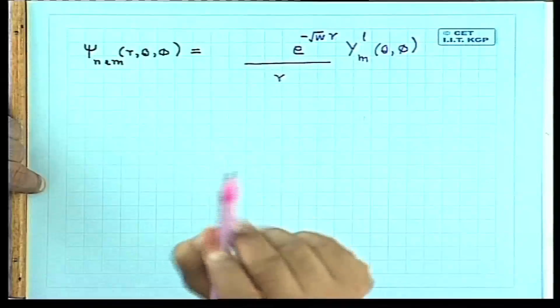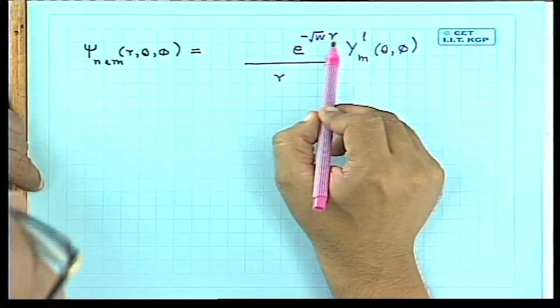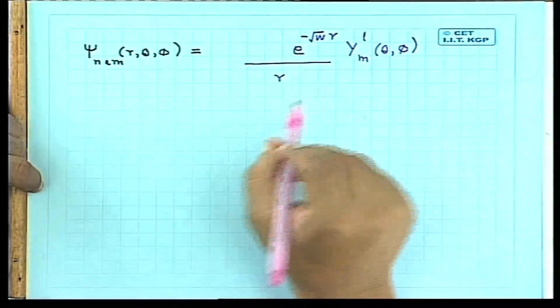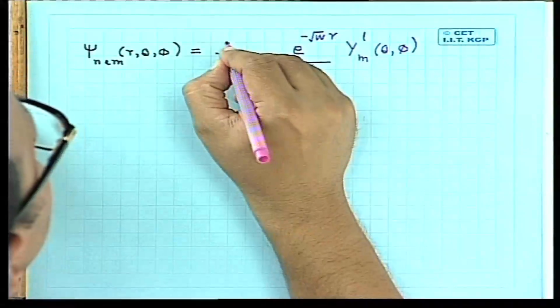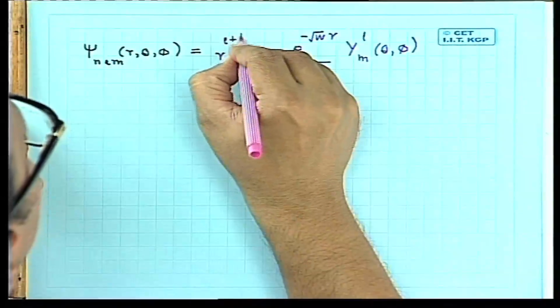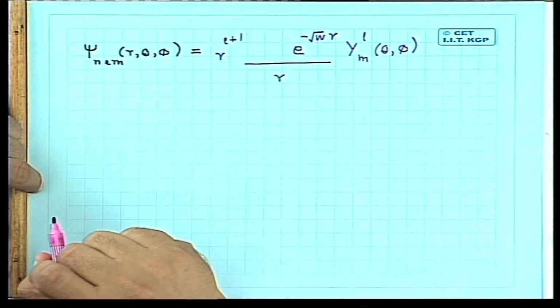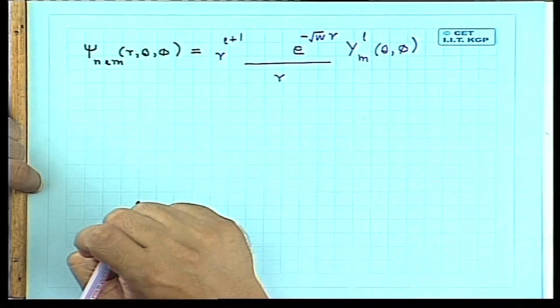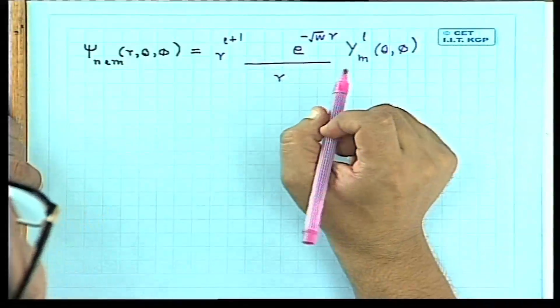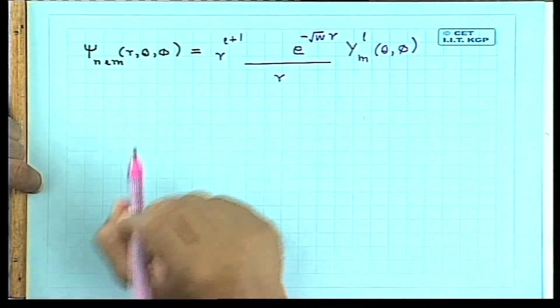We had defined u as some e to the power minus square root of W r, and that function u turned out to be r to the power of l plus 1 into that polynomial, which was a function of r. So there was a polynomial.